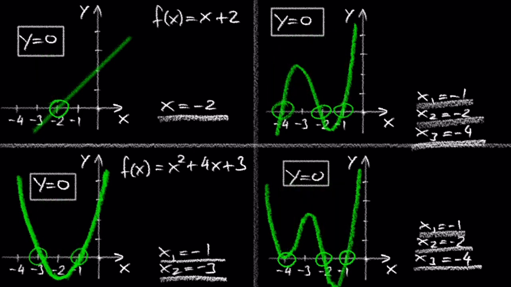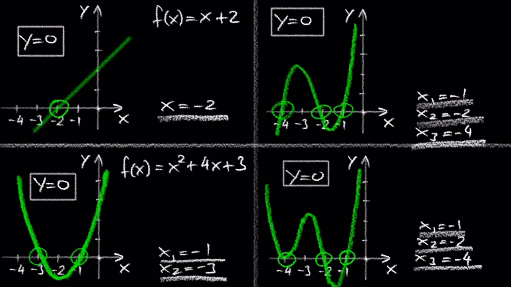But how can we find the roots of a function when we only have the function equation without the graph itself? We know that the y-coordinate at this point is 0, so the only thing we have to do is to plug in 0 for y and see what x value we get.